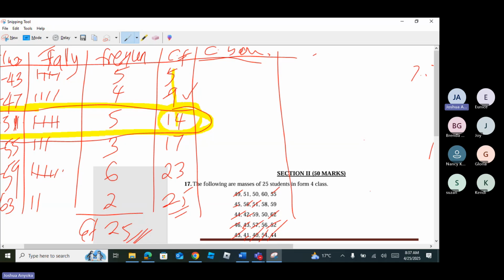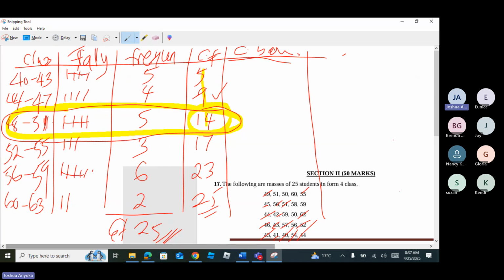For class boundaries, our first class starts from 40 to 43. The difference between 43 and 44 is 1. 44 minus 43 is 1. So we divide by 2, 0.5. So to get the lower class boundary, it is 40 minus 0.5, which gives us 39.5. 39.5 to 43.5.